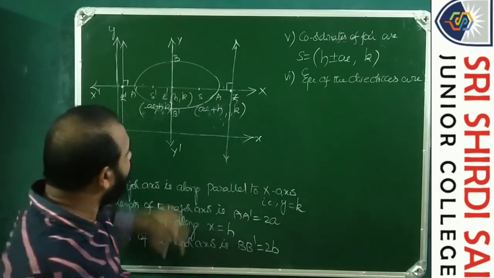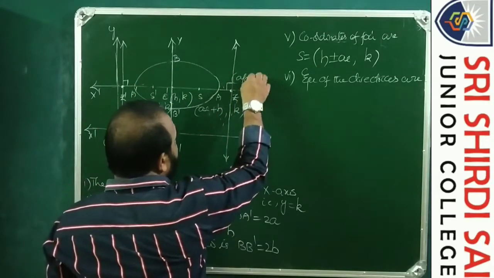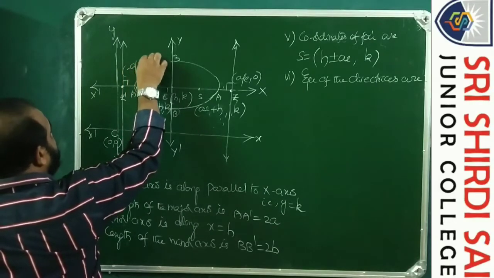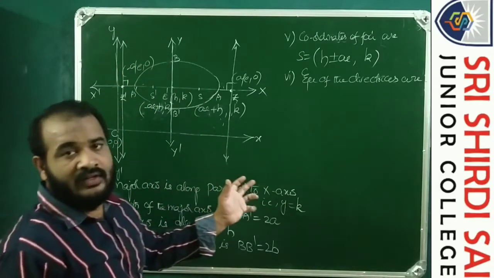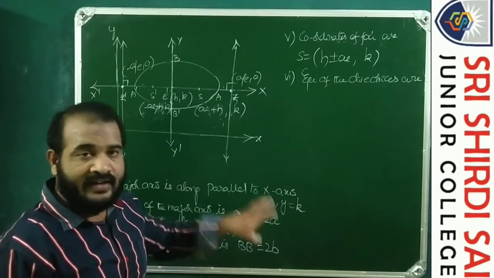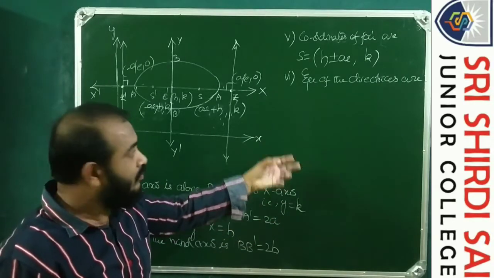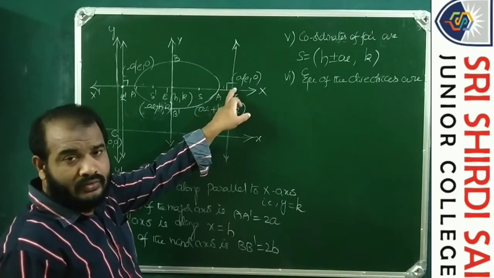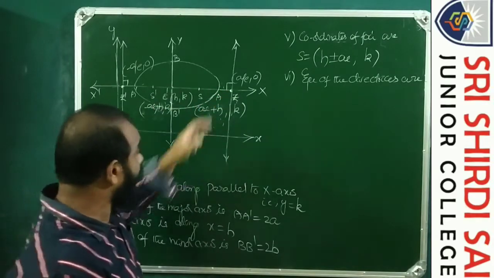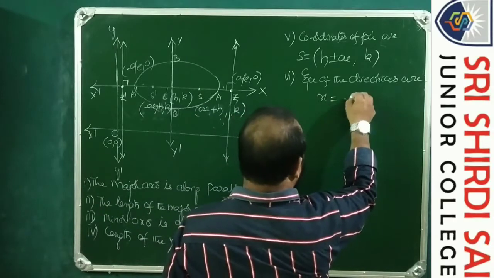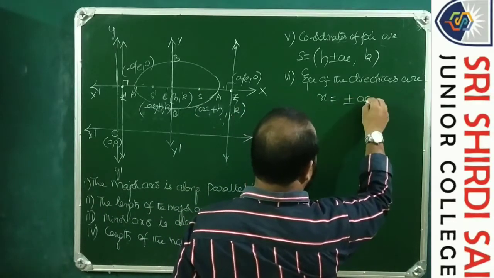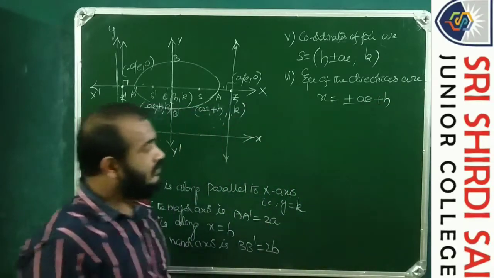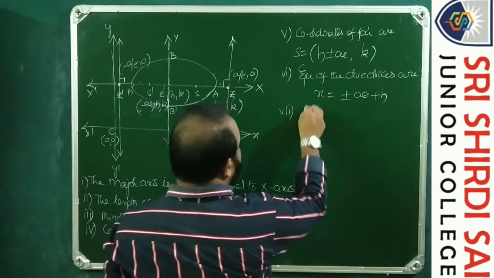So x is equal to, this is a by e comma 0, this is minus a by e comma 0, or the foot of the directrices when the center is at the origin. But here this line is also parallel to y axis, therefore it is of the form x is equal to plus or minus a by e plus h. Length of the latus rectum.